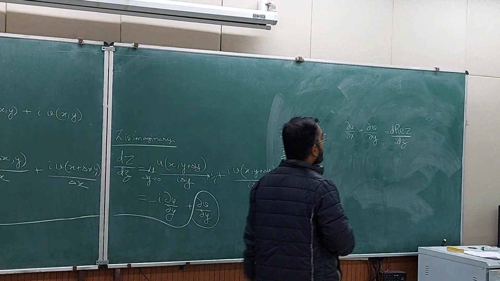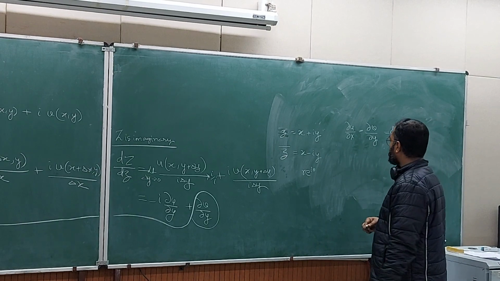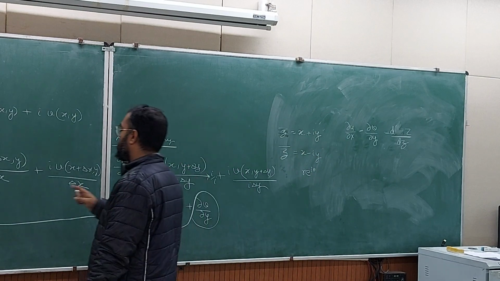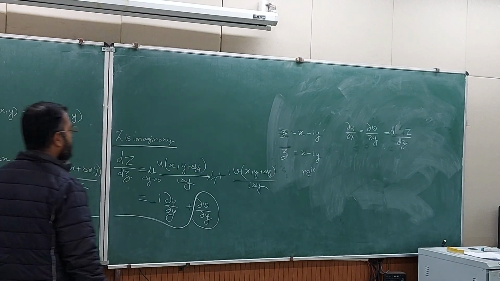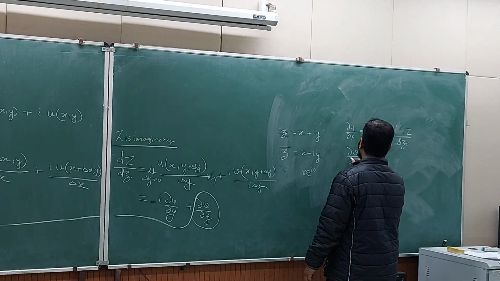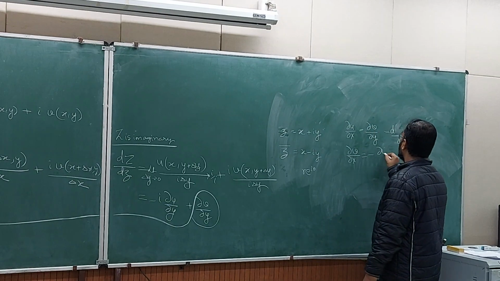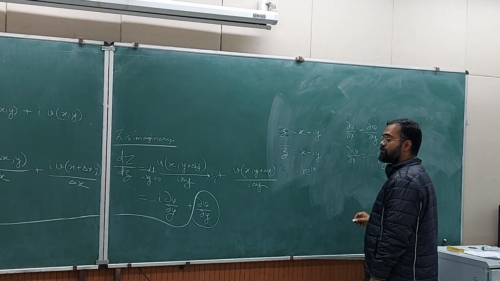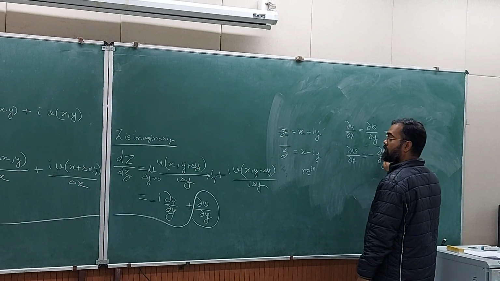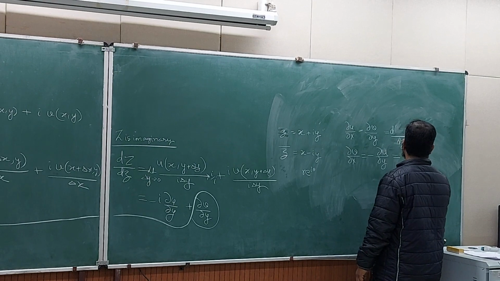Or we don't have to write this. We can just write dz by z, right? And then this part will be equal to that part. So del v by del x will be equal to negative of del u by del y, will be equal to dz.